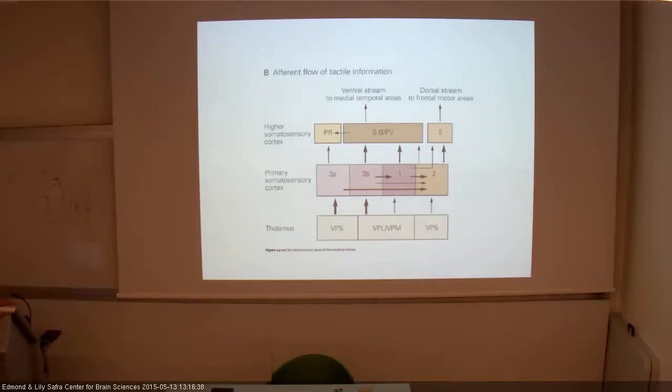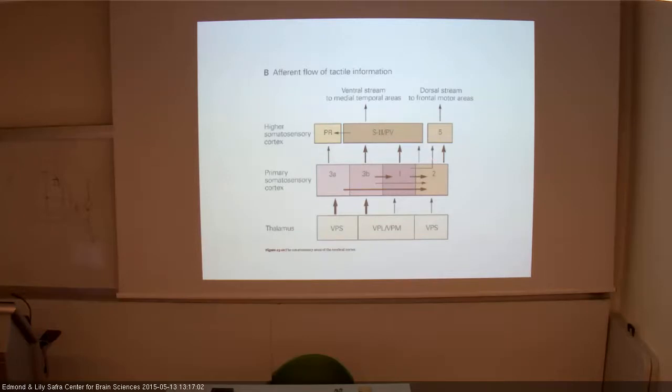The information goes to area 3 through this pathway, but in parallel it also goes to area 1 and area 2, and it also goes laterally in the cortex from 3A to 3B to 1 to 2. And then you have a secondary somatosensory area.